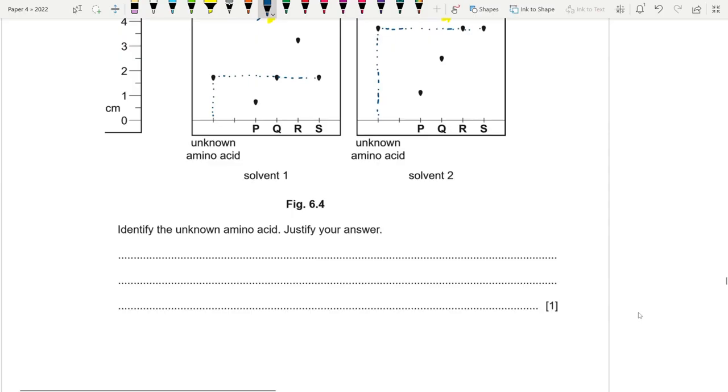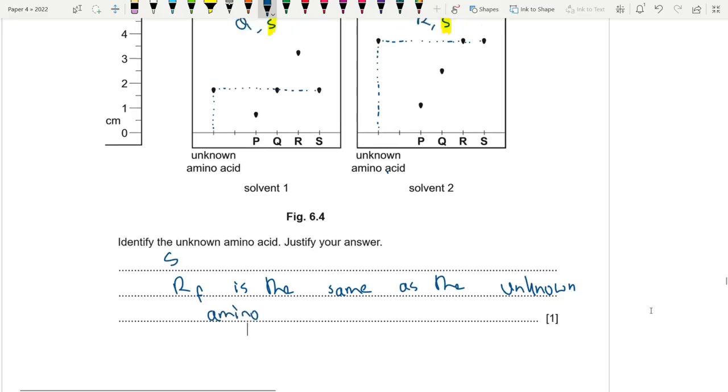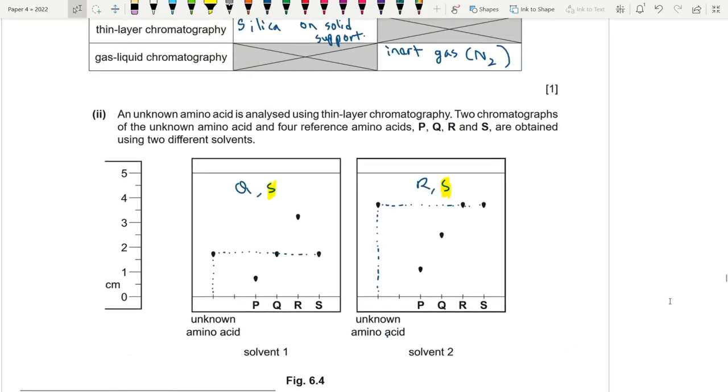So clearly it's S. The reason being the Rf, the retardation factor, is the same in both solvents as the unknown amino acid. We are looking for the unknown amino acid basically with known ones.